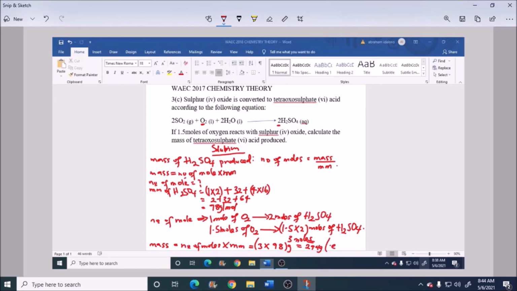Don't forget that the unit is gram, since mole cancels mole, leaving only gram. So our answer is 294 grams. That is the mass of hydrogen tetraoxosulfate(VI) acid produced.